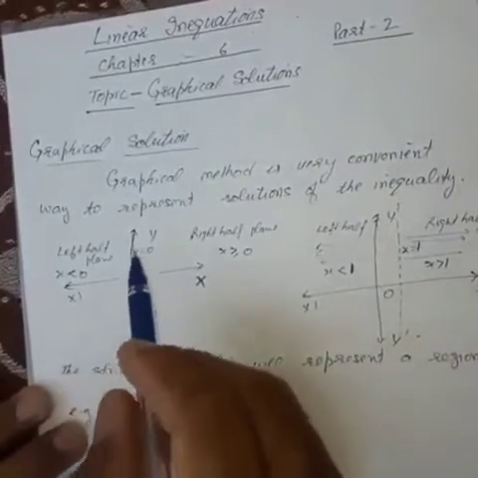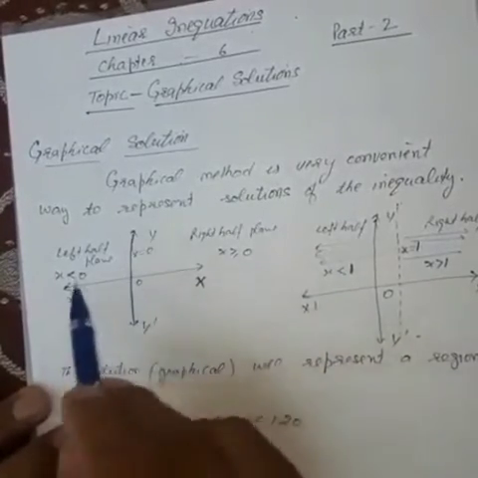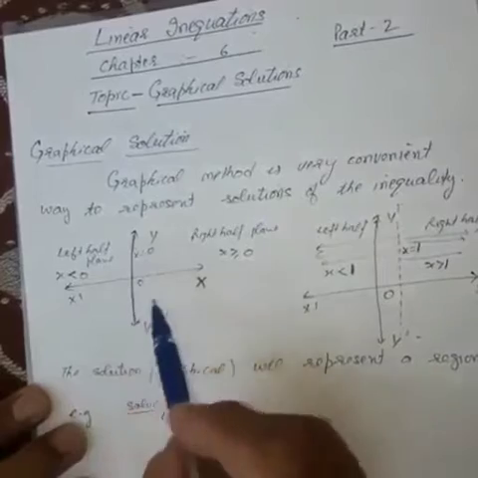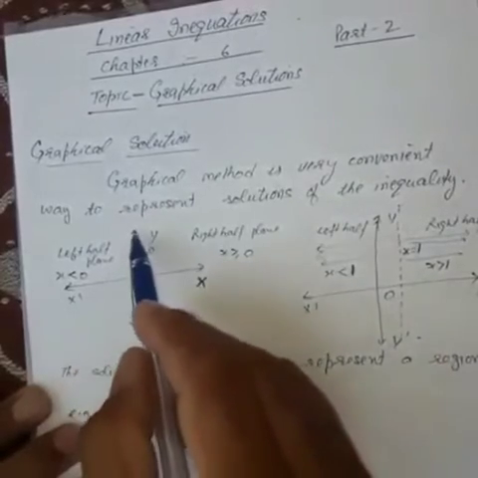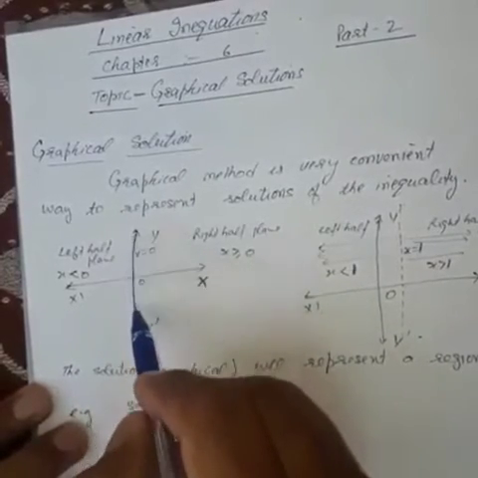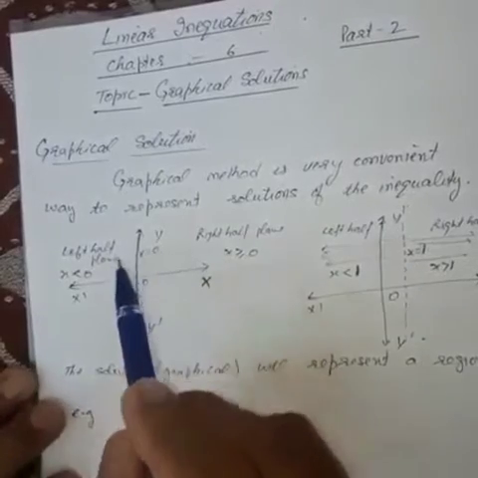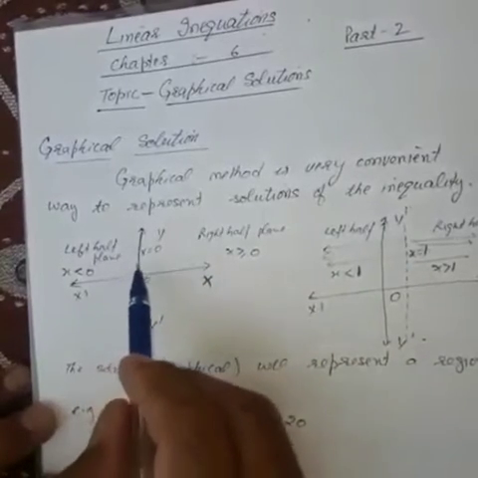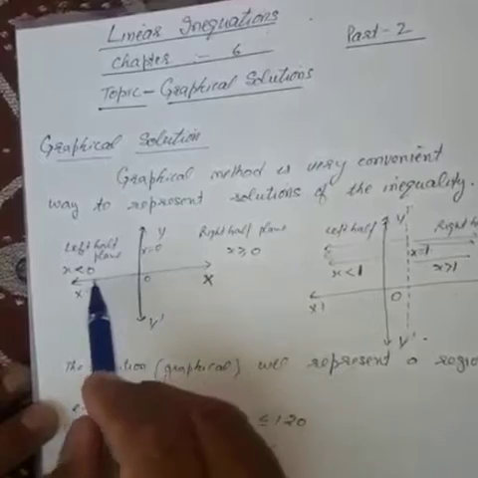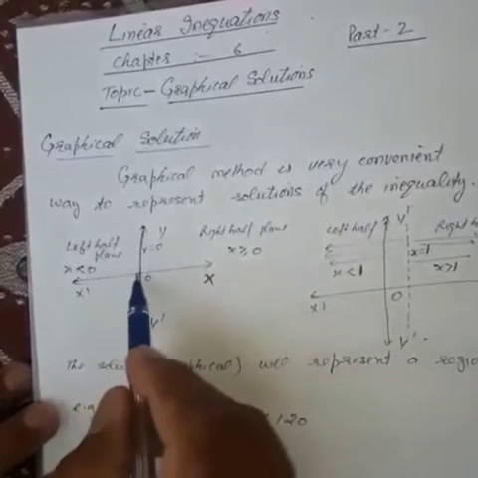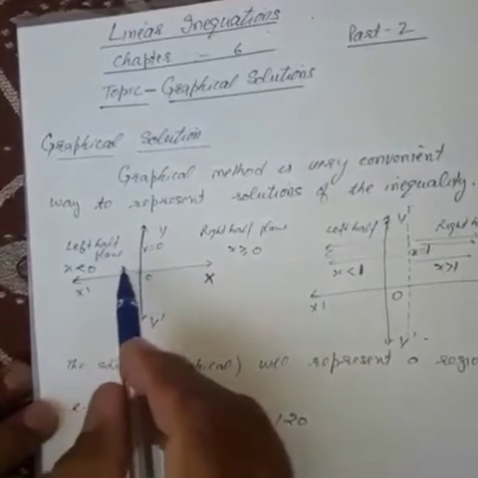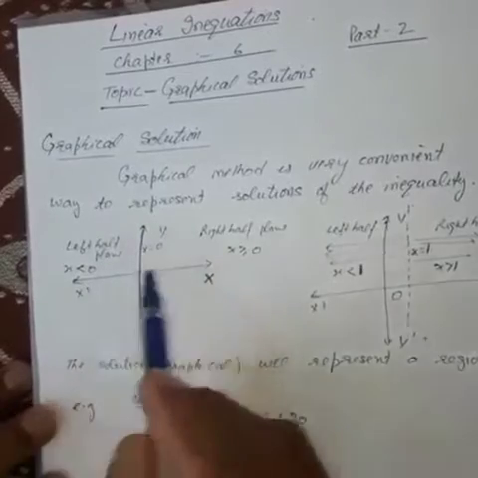Now in this, suppose this is the xy plane, x-axis and y-axis. We know that on the y-axis the value of x is equal to 0. If we want to represent the values of x less than 0, it means we have to remain on this side. This is called the left half plane.